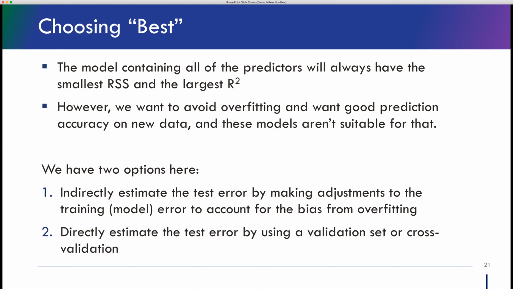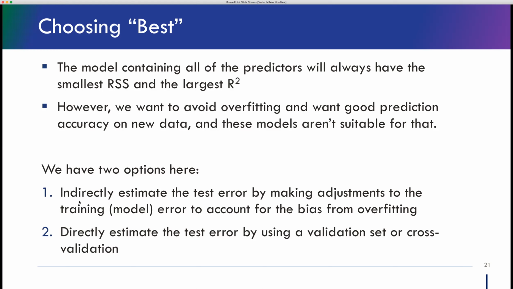So using RSS and R square is not really suitable for that, especially if you're doing that on your training data set. We have two options here to overcome that problem.